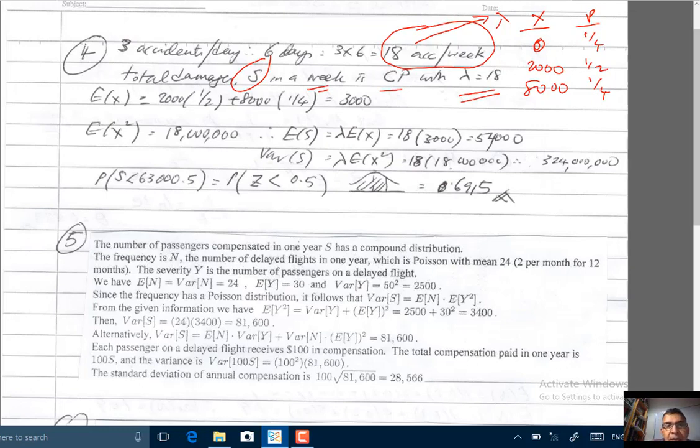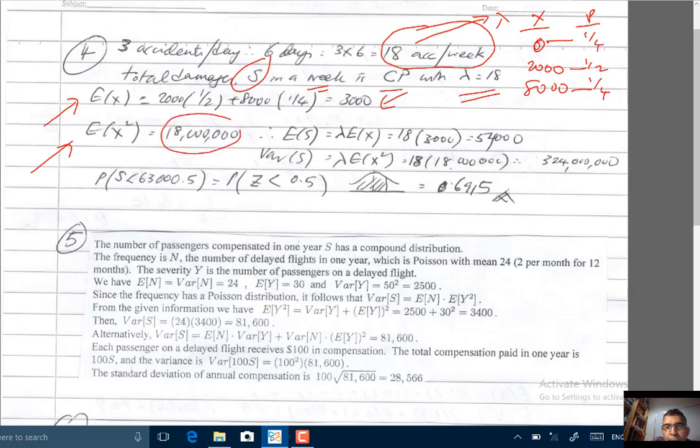Good. The expected value of x, that's easy. Just take this times this, 2,000 times a half, 8,000 times a quarter. So that will be 3,000. Expected value of x squared, just square the 2,000 times a half, square the 8,000 times a quarter, add them up, you will get 18 million.